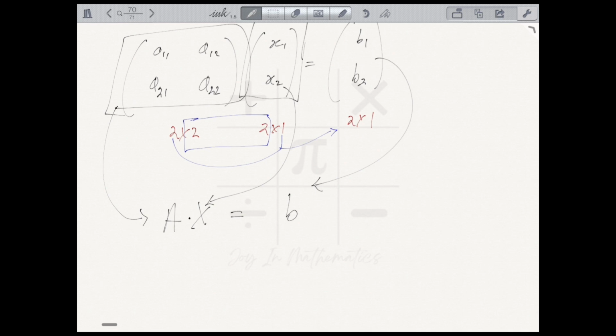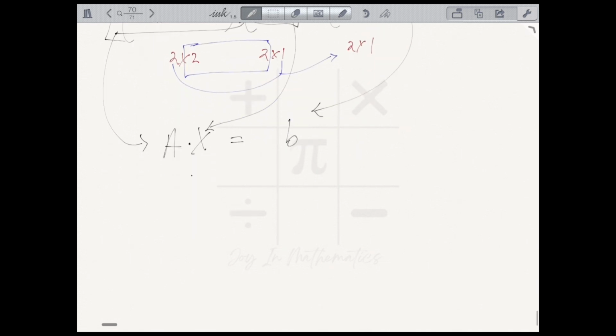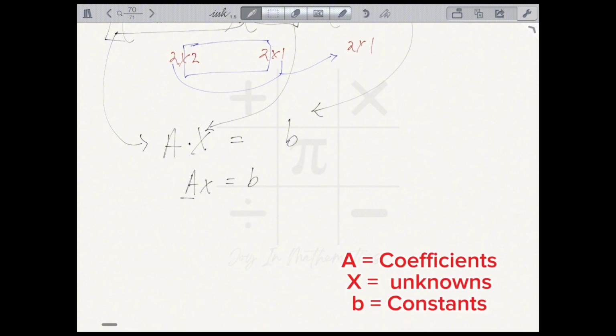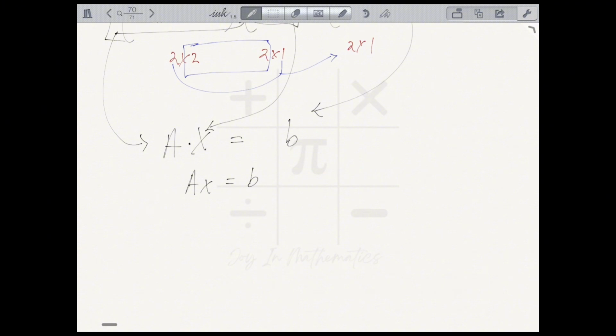Now let's rewrite it and say this is AX equals B. We know A is the matrix of coefficients, X is the set of unknowns, and B is the constant. Now let's say we multiply both sides by the inverse of A.